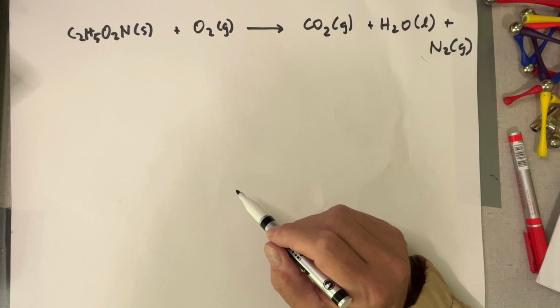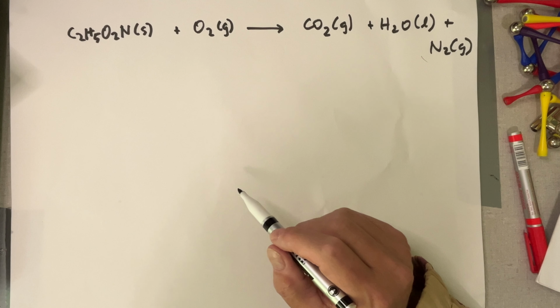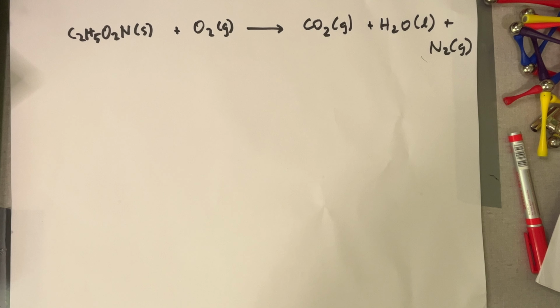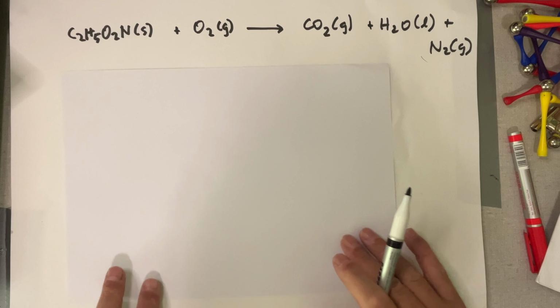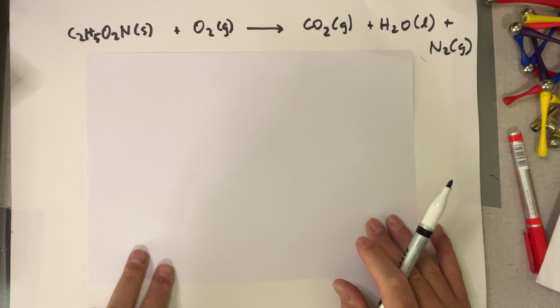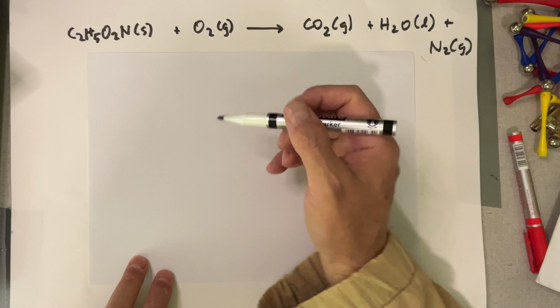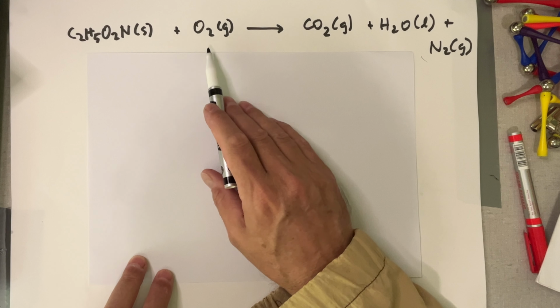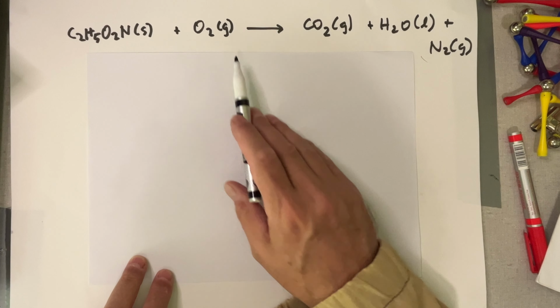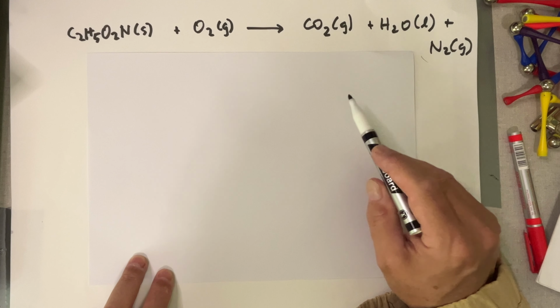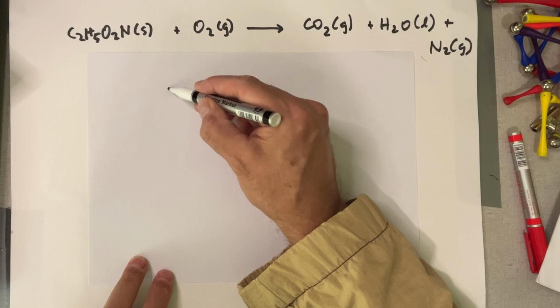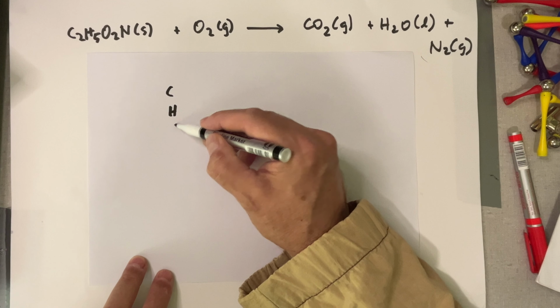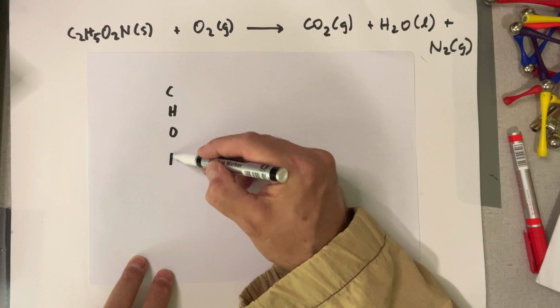So the next thing is one will have to balance the equation. There are different ways in which one can do this. The way that I have found to work quite well is to look at all the different elements on the reactant side and all the elements on the product side. So you have carbon, hydrogen, oxygen, and nitrogen.